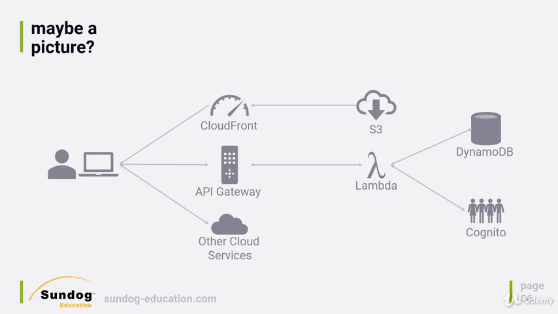So for example, if you need to retrieve some data to display on your website, you might issue a JavaScript request through the API gateway to Lambda, which will then translate that to a call to DynamoDB, which is just a NoSQL database solution for storing information, like chat messages, for example. It might also communicate with the AWS Cognito service, which is just there to manage user login information. So that's a service that allows users to sign up for accounts and manage those accounts and authenticate users in a secure manner.